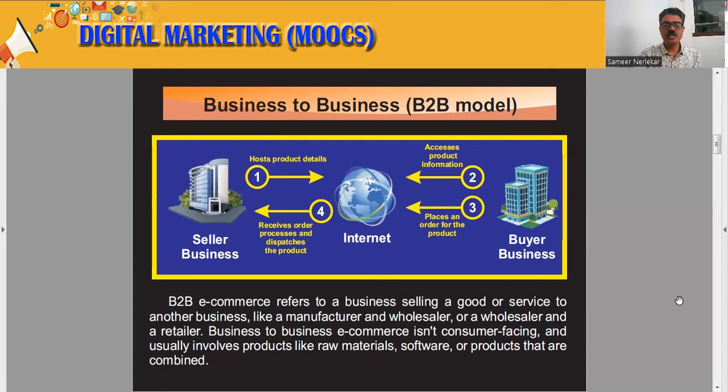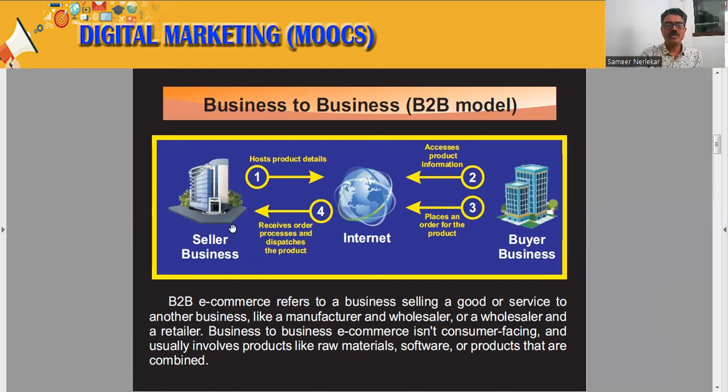Business to business e-commerce isn't consumer facing and usually involves products like raw material, software, or products that are combined. So let us try to understand this model with the help of the figure.